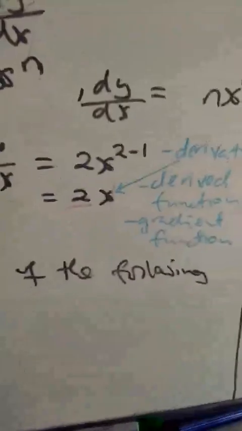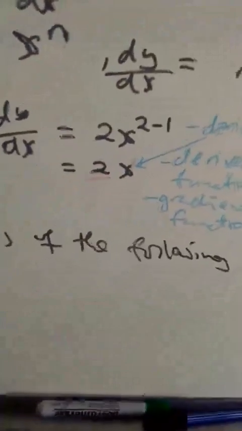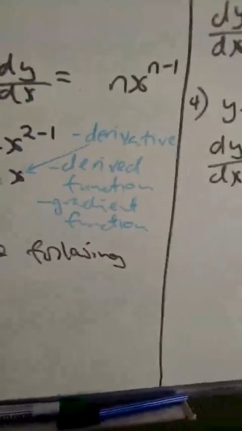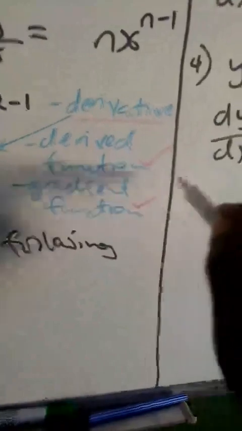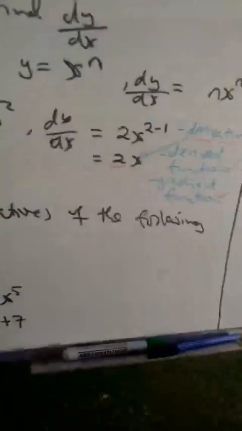So our dy by dx is 2x if y is equal to x squared. Then there are different names for this derivative. It can be called a derivative, a derived function, or a gradient function, like I said before, or just dy by dx.